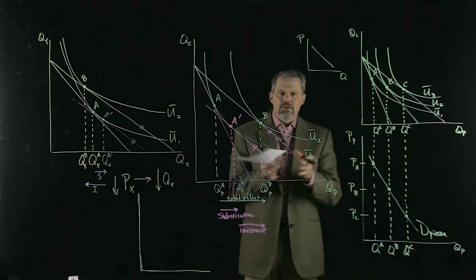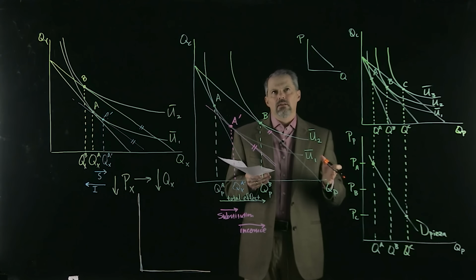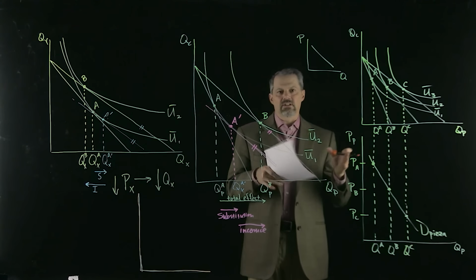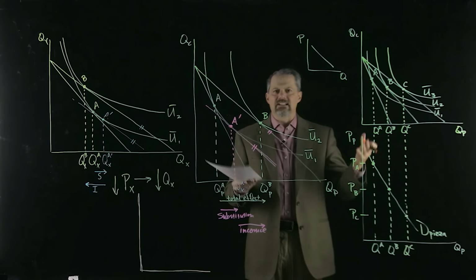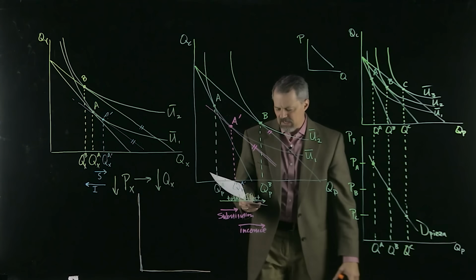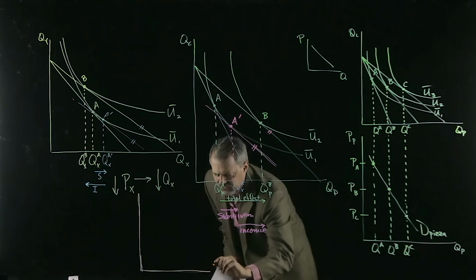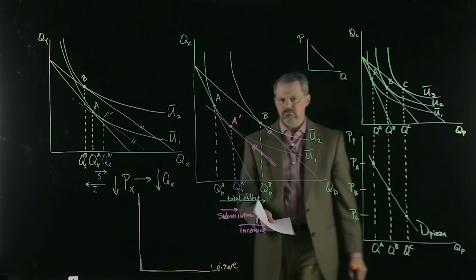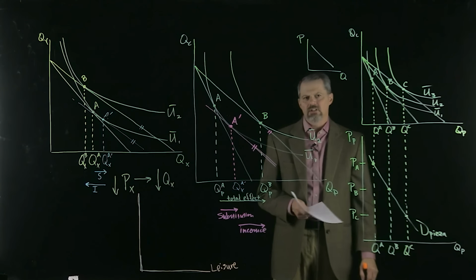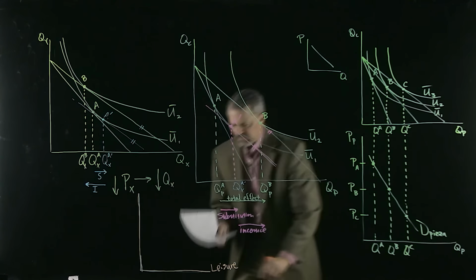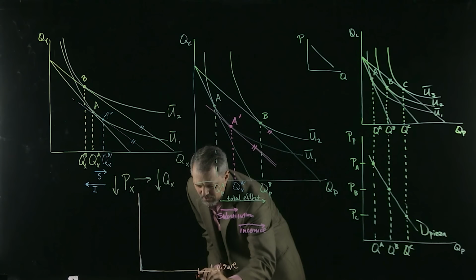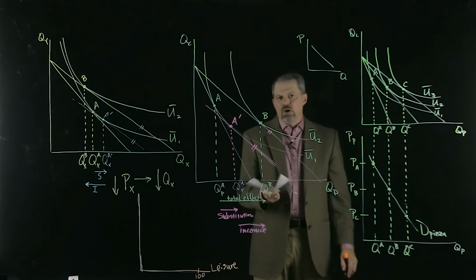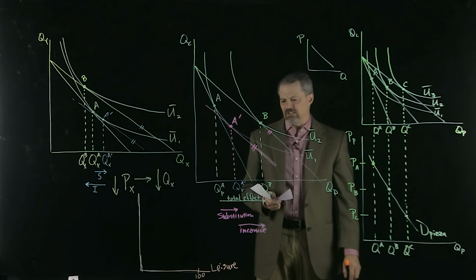Now, of those hours that you spend awake, you have to decide how many of them to work and how many of them not to work. Let's say your choice is between work and leisure. Okay, so on my horizontal axis, I'm going to put leisure. How many hours do you engage in leisure? And let's suppose right out here is 100 hours. That's the most hours that you could engage in leisure.